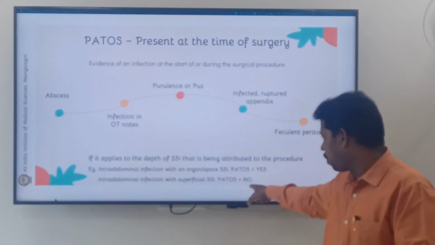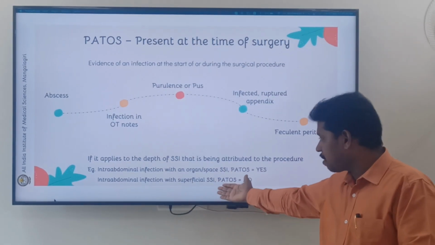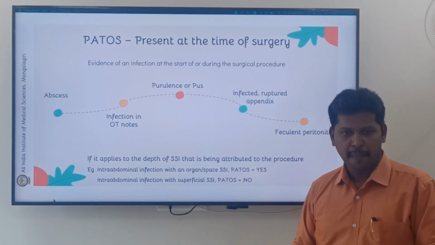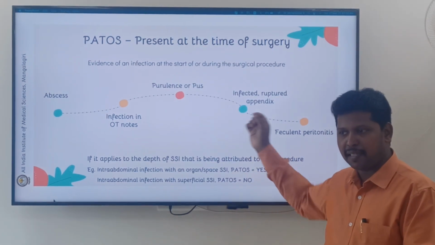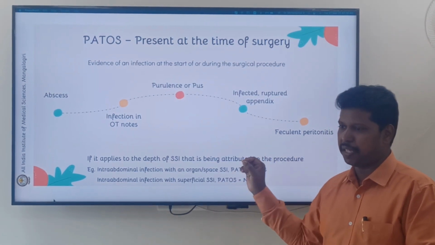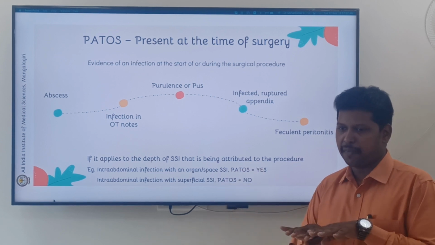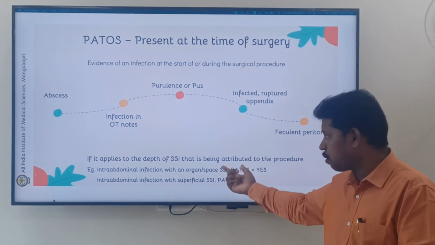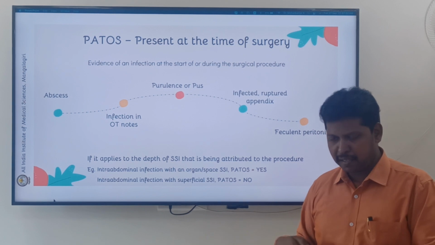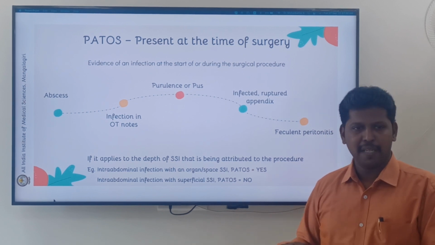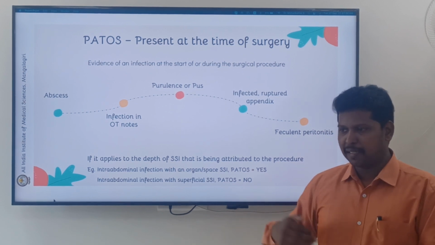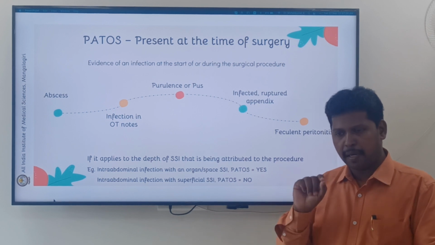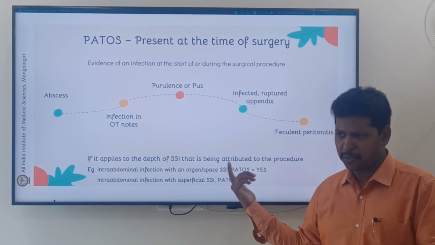PATOS should be written as no, because the infection happened in the superficial layer, in the skin. It should be at the same level. If the SSI is at skin level, and purulence, pus or abscess is also documented at skin level, then you enter PATOS yes.